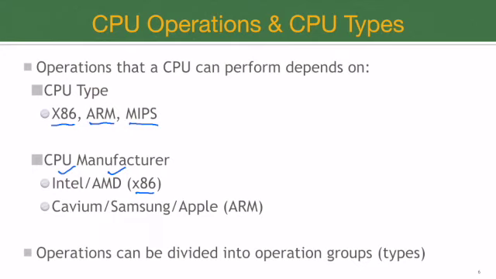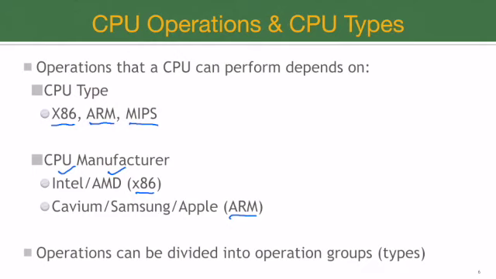Similarly, an x86 based processor designed by Intel and AMD can also have some minor differences. Similarly, ARM based processors are created by Apple, Samsung, and Cavium as an example.